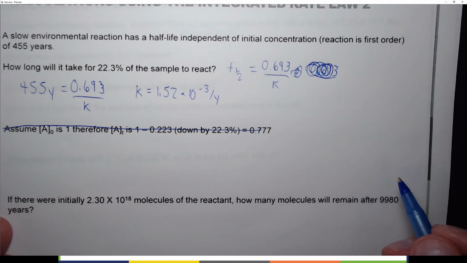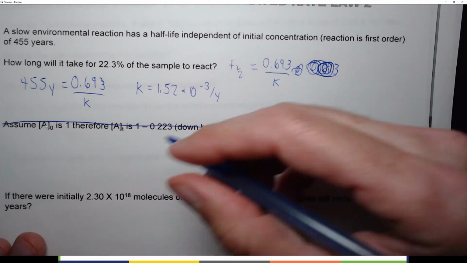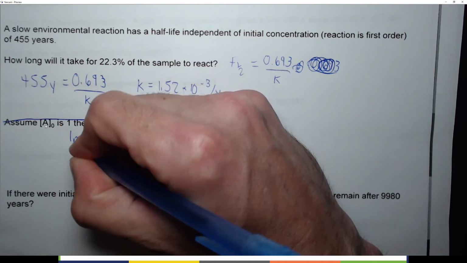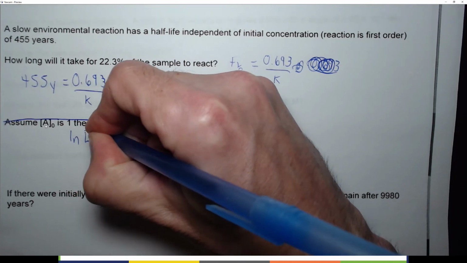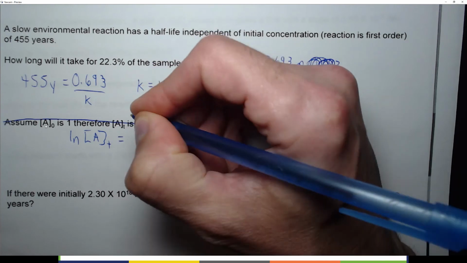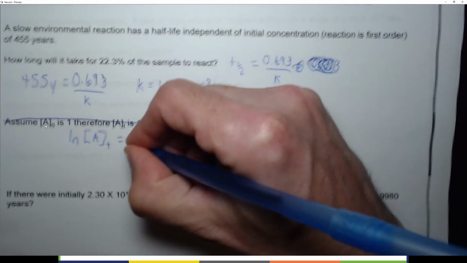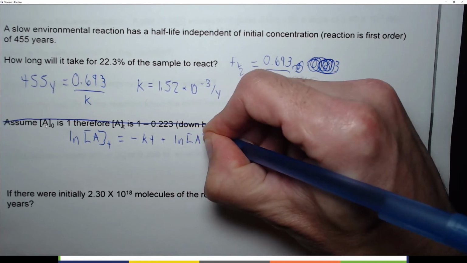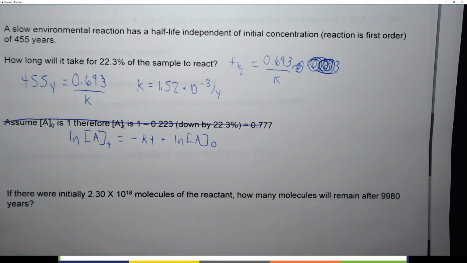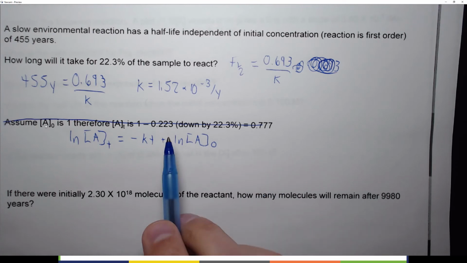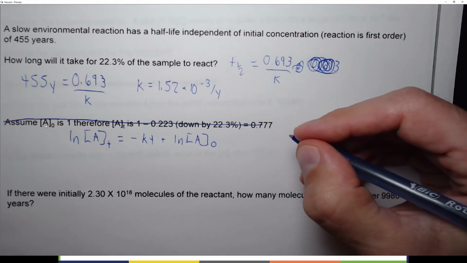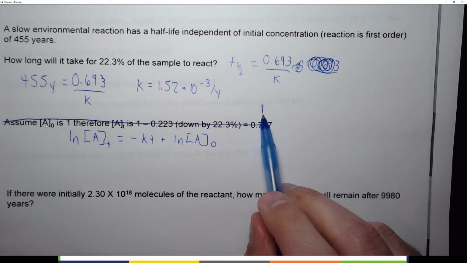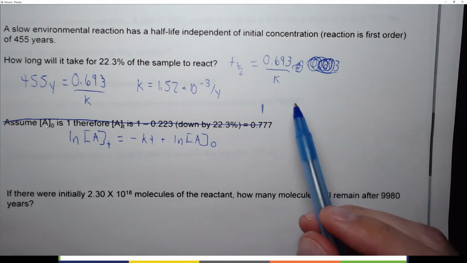Now I can use the integrated first order rate law, which is the ln of the concentration of A at some time equal to negative KT plus the ln of the concentration of A initially. We are going to assume that the initial concentration of A is 1, because it's the easiest number to assume, and it doesn't really matter.